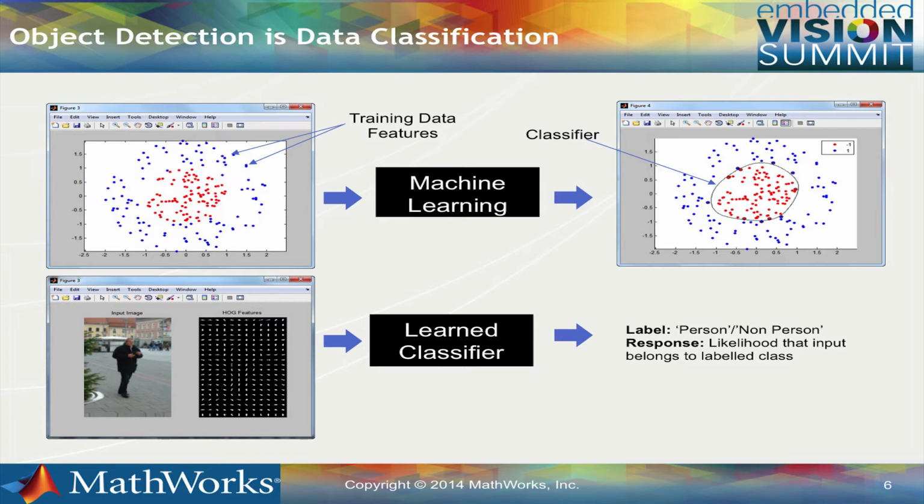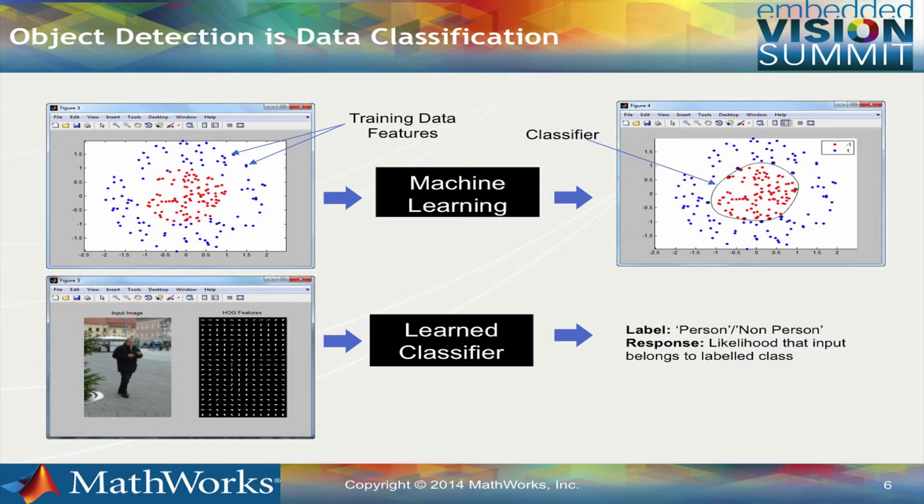So you take the training data of features, you pass it through a machine learning algorithm, and you get that, which is a boundary or a classifier, which is the last stage that Jan talked about in his talk. And if you had an input point, you would decide whether it was the object or the red points or the environment or the blue points just by looking at which side of that decision boundary it fell on.